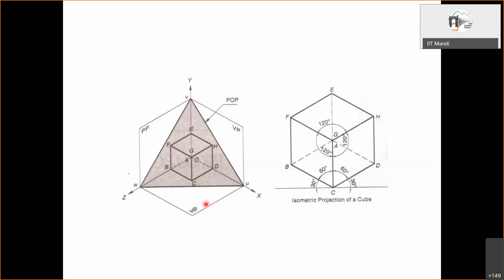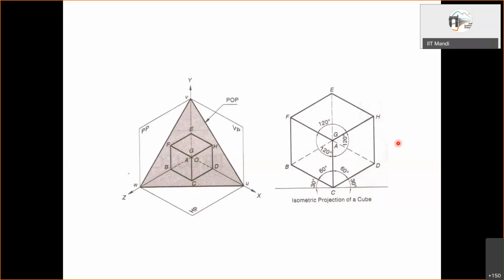Now what has been shown here is one more plane, which is inclined equally to all these three planes. This is used as the plane of projection. Then we get what is visible here as the projection on this plane. So this will be our isometric projection.